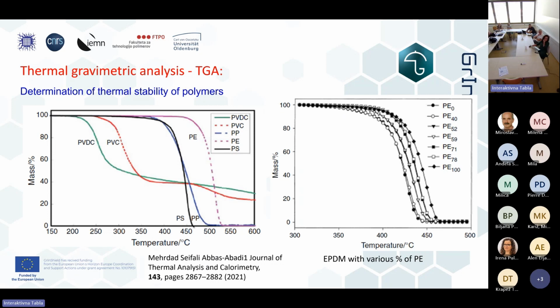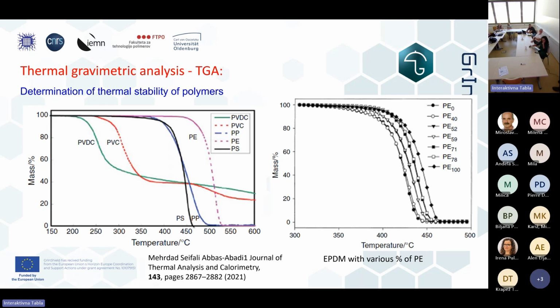Then, of course, we can determine thermal stability of polymers. Here we see that polymers degrade at various temperature ranges. However, I must say, for example, PVC, if we look at it here, it should be stable until 250 degrees.